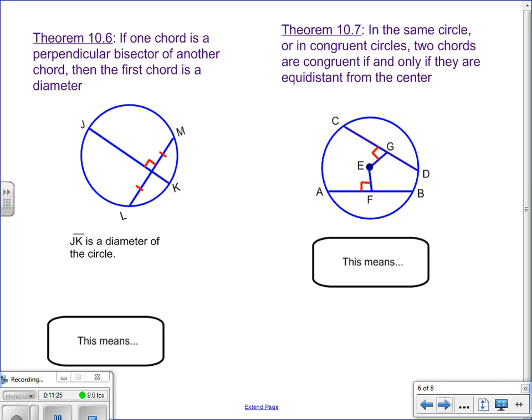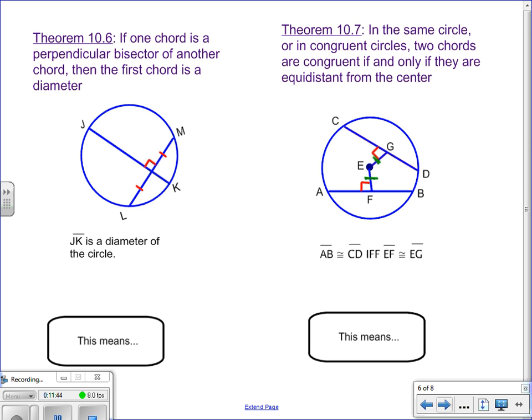Those are our chords, and they're going to be congruent. Therefore, EF and EG are the same, because if it's equidistant, it's the same distance away, so it's the same measurement.